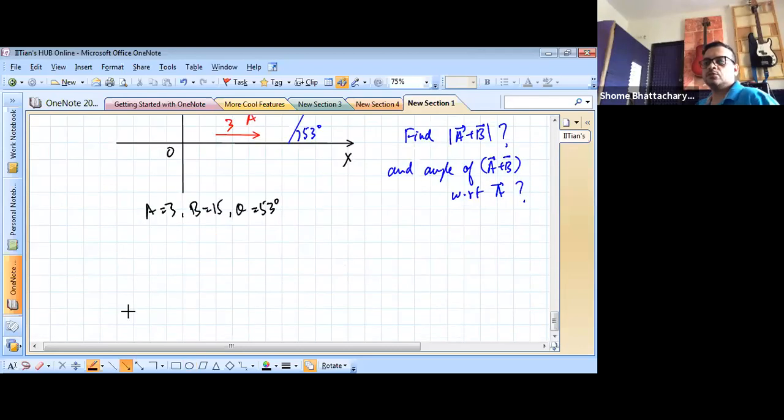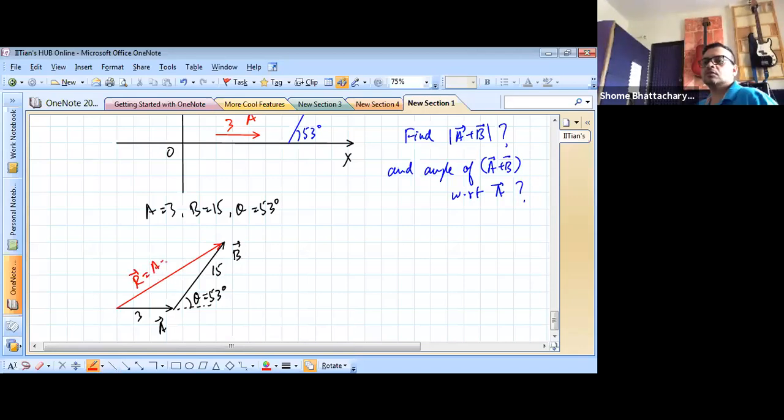So here, for example, if you were to draw A and B one after the other, it would be like this. This angle is 53 degrees. Okay. So the resultant sum which you are trying to find out, you don't have to do any geometrical construction or anything.